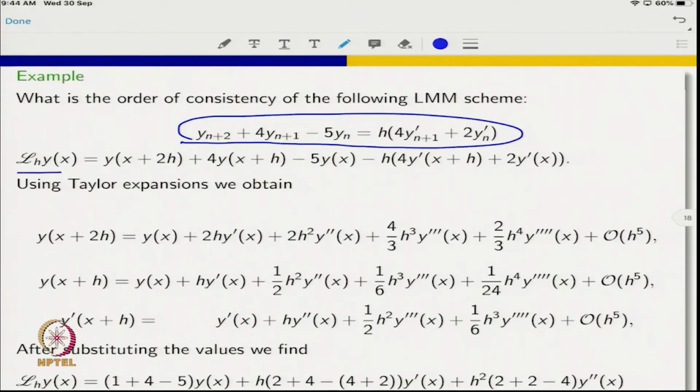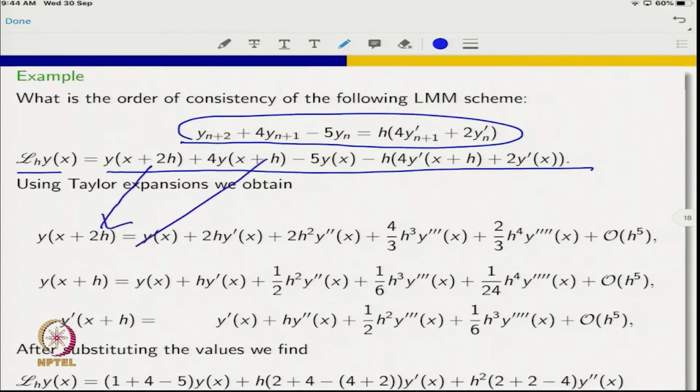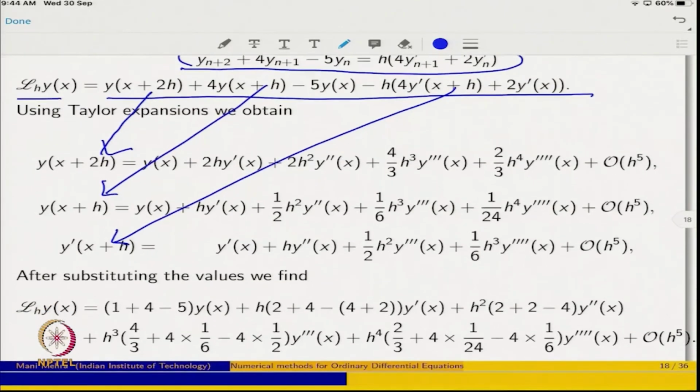Let me define the linear difference operator, which is this, using Taylor series expansion for this function and for this function as well as for these functions. And after rearranging some terms, you can see this is the term corresponding to y(x), this is the term corresponding to y dash x, this is the term corresponding to y double dash x, y triple dash x. We will keep adding terms till we get a non-zero one.